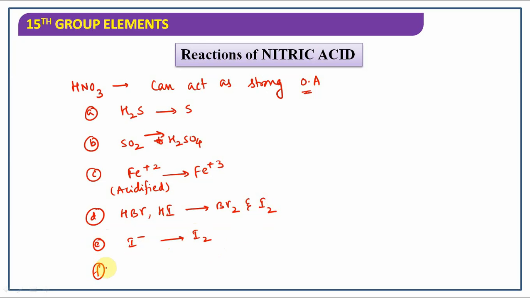As well as Sn2 plus can be converted into Sn4 plus in acidic medium. Understood? Similarly, ferrous sulfide FeS can be oxidized to FeSO4.